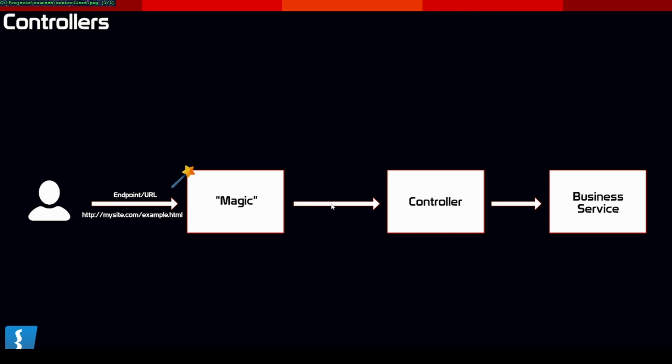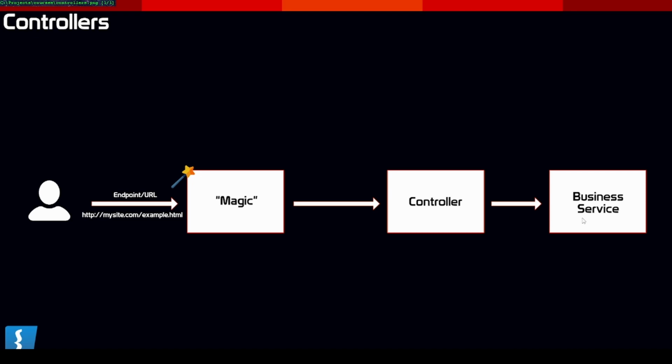And after that, the request goes to the controller. This is the main entry point into your business application. Here, the request is already parsed, and we have either our data or our request object, which contains our data.